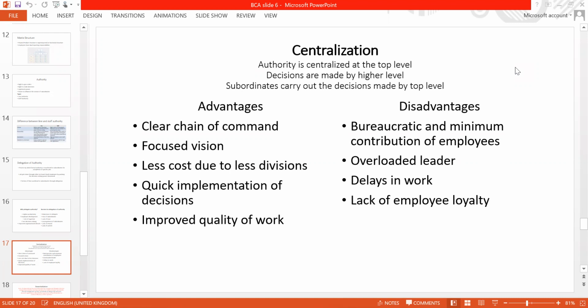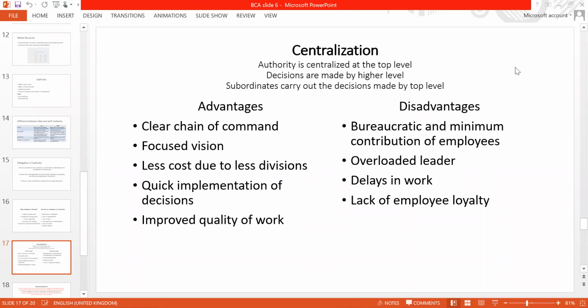Decisions are made by the top level, and the lower level people just implement or carry out the decisions made by the top level. If you have that kind of structure in your organization, then that is called the centralized organization structure. All the authorities are kept at the top, not delegated downwards.